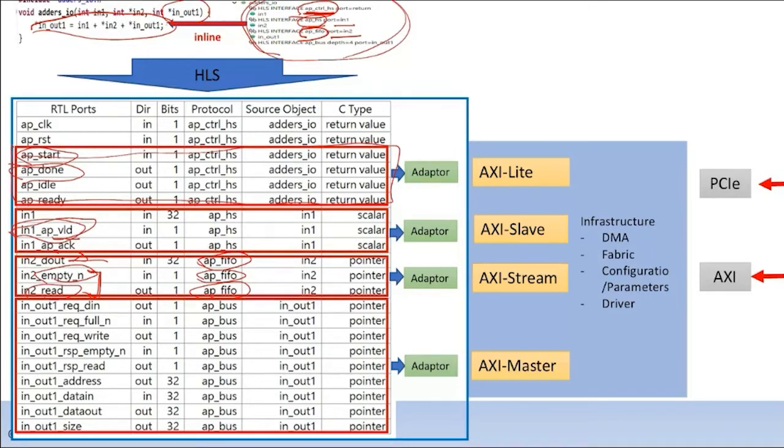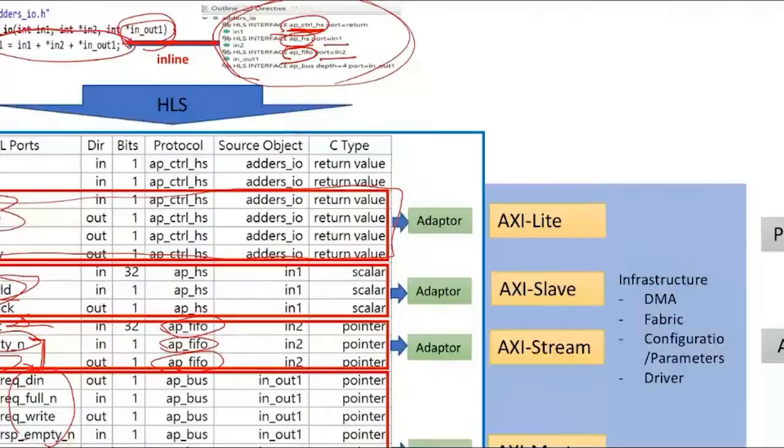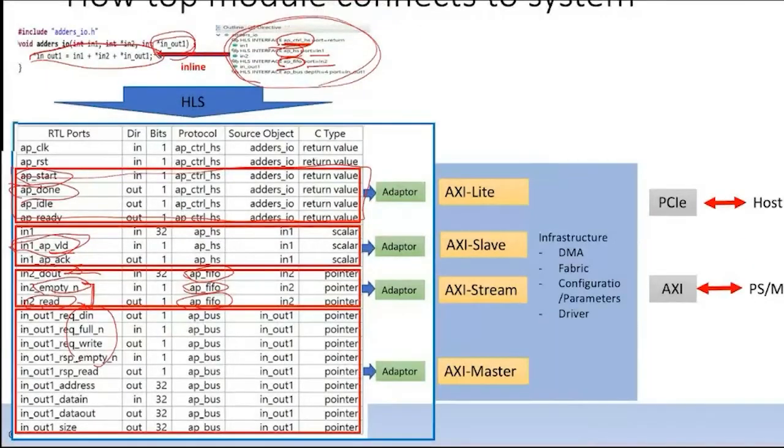And inout is a bidirectional signal. It's an input and output, so it will be separated into the input part and the output part. It's a bus interface, so it generates the corresponding control signals.